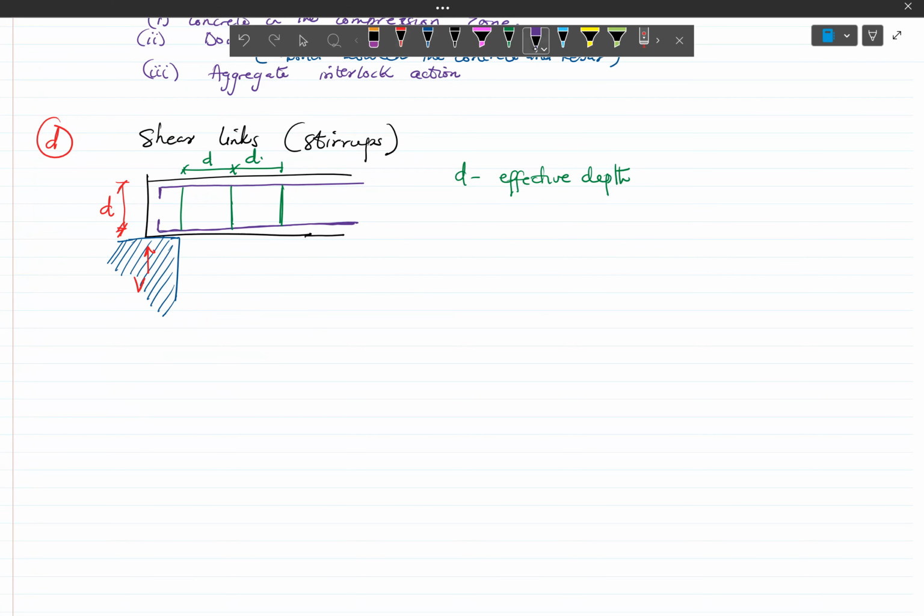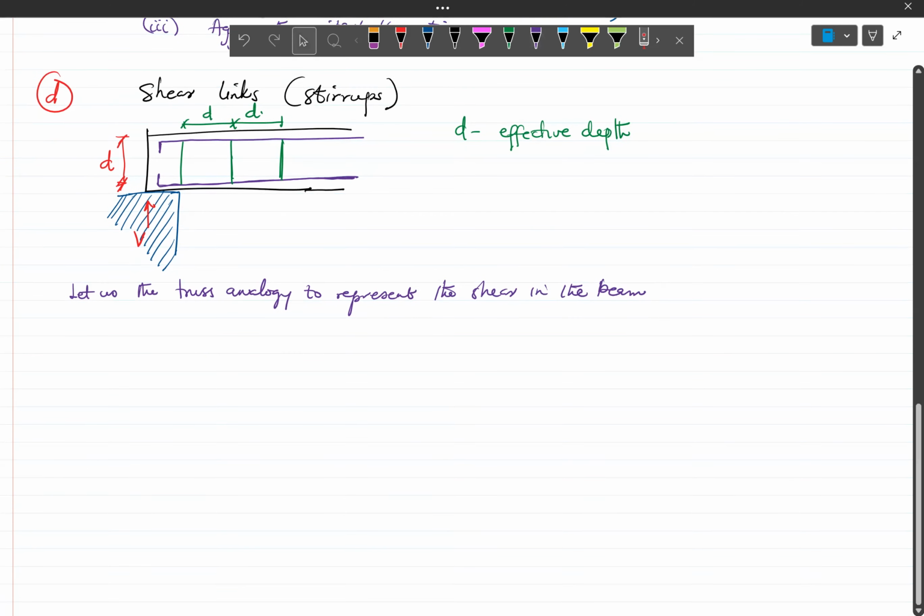So usually when you're looking at the stirrups, it uses the truss analogy. So let's use the truss analogy to represent the shear in the beam. Okay. So a few things to note.